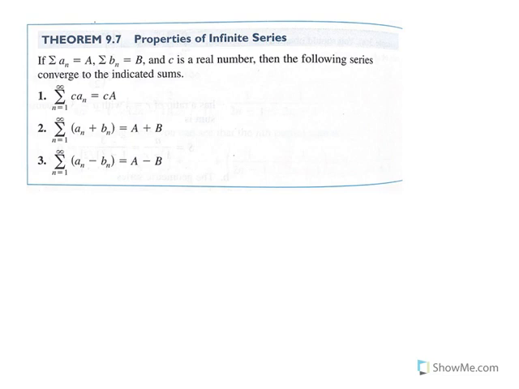So these are the properties of infinite series, Theorem 9.7, and it states the following. If you have a series whose sum is A, and if you have another series whose sum is B, and C is any real number, then the following series converge to the indicated sums.